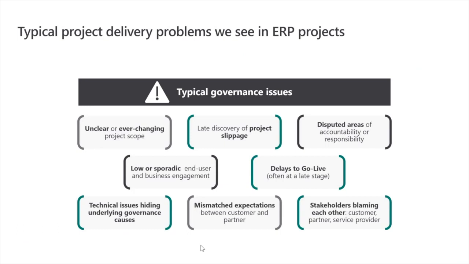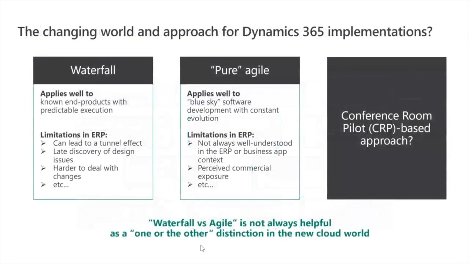And then many times we actually see technical issues that come up, but underlying them are governance issues. In other words, the roots of the actual problem are not the technical issue being discussed, but the governance issues that lie underneath. And hopefully you'll see through the approach how we recommend we deal with them to ensure that we reduce the pain of those issues that we saw.